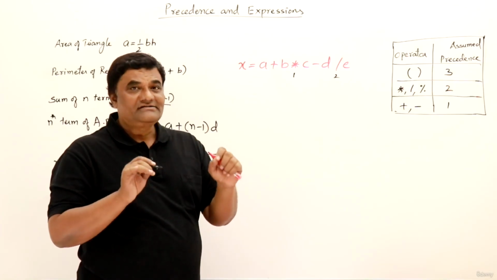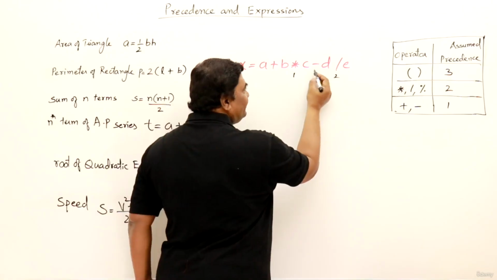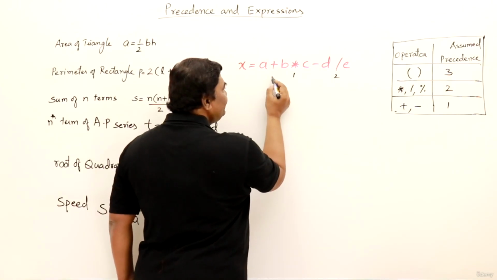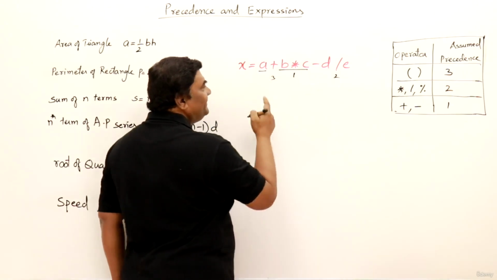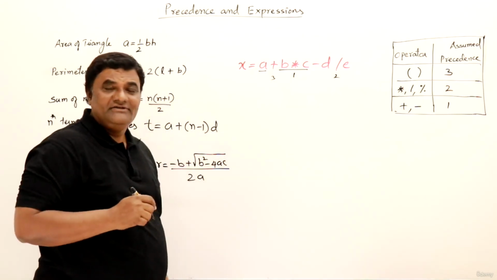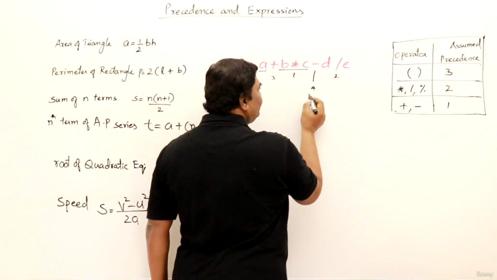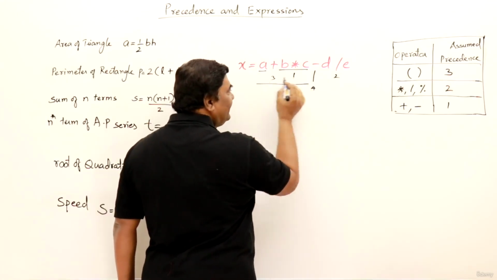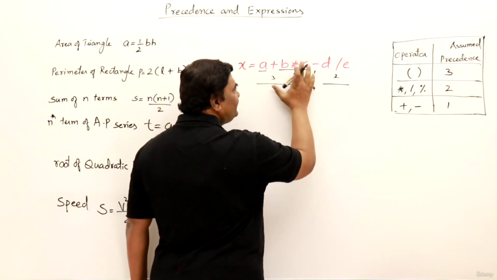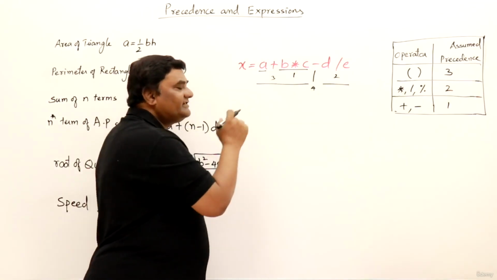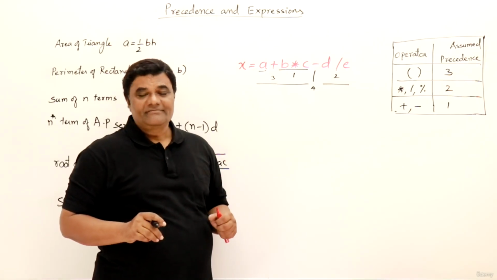So first the addition gets executed, then the subtraction. The addition will add A with the result of B and C, because that is already multiplied and we already have the result. Then the subtraction will subtract the whole left-hand side, where addition is done, and the right-hand side. So this is how, depending on the precedence, the operations are performed.